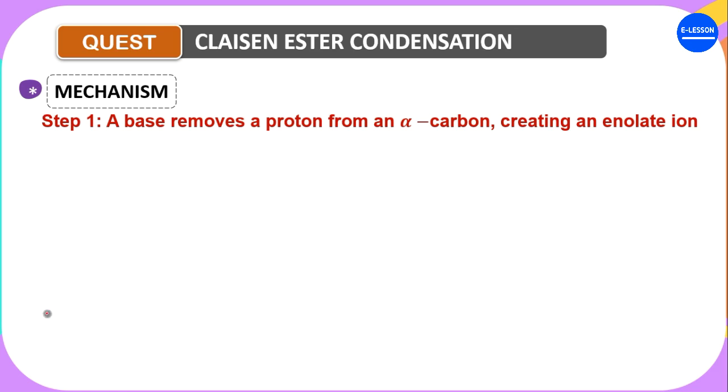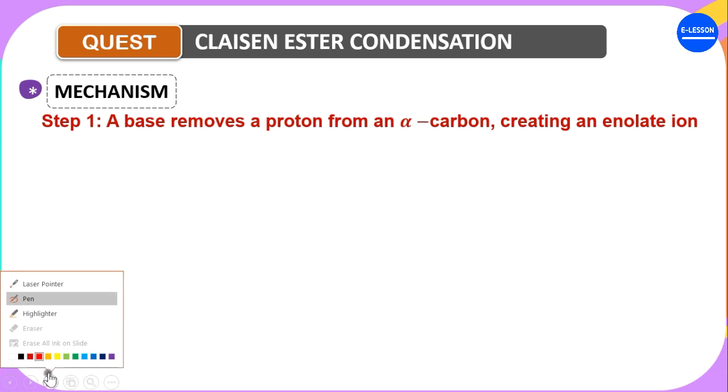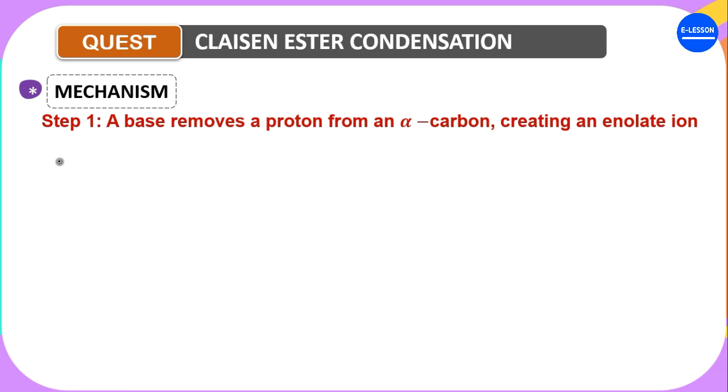So first of all, we are going to start by writing two esters. Let's react two esters so that we know what we are talking about. So this is an ester, R CH2, then C double bond O, and then OR.